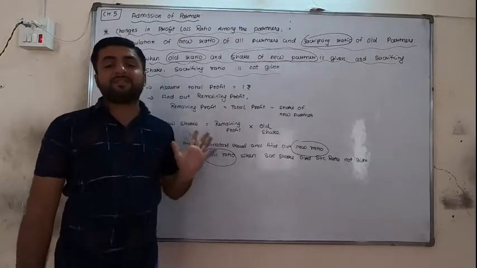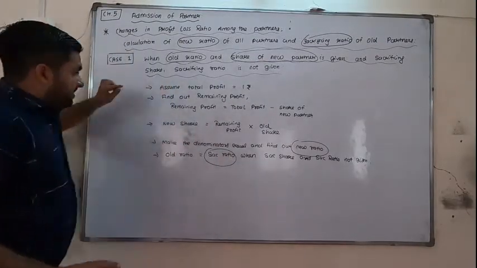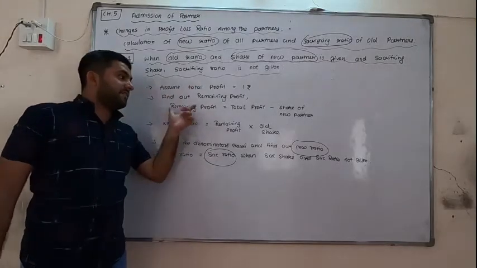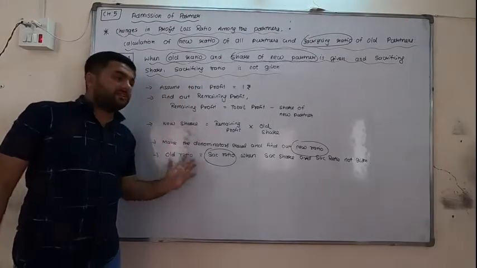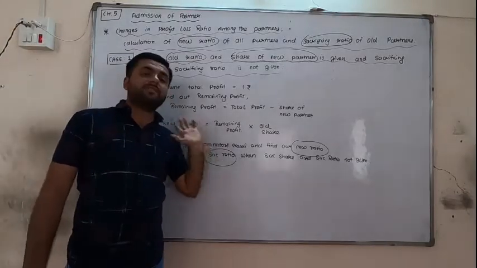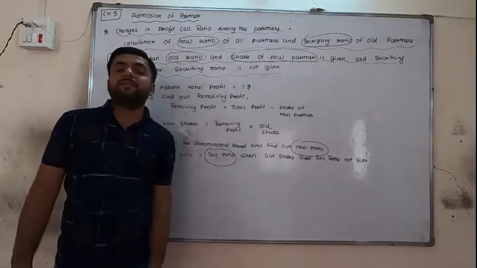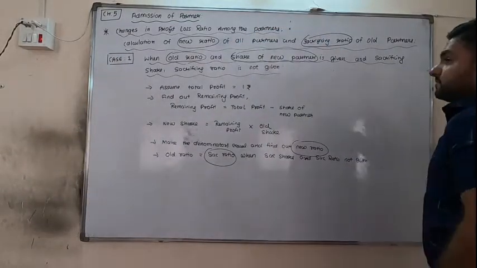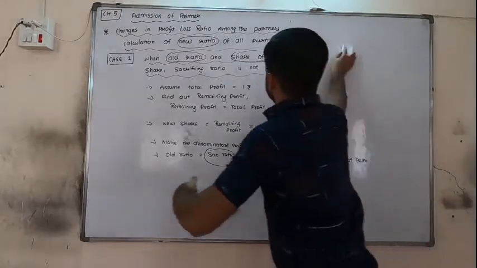Only remember this point: assume total profit 1, then find remaining profit, then find new share, make denominators equal, and find out the new ratio. Old and sacrificing ratio will be equal here. Okay, now we are doing a sum so that you can understand.